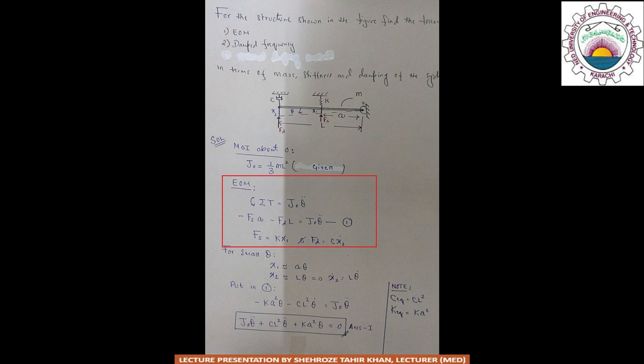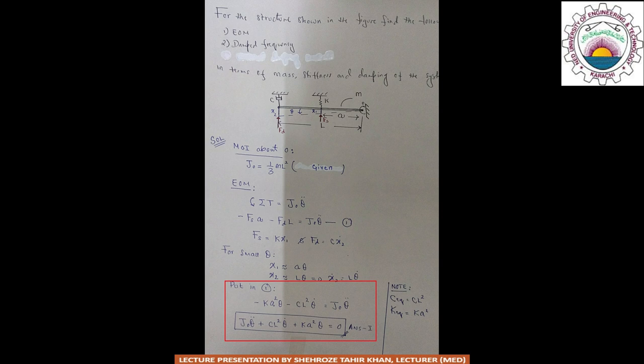Now substituting these values in equation 1, we get minus Ka square theta minus Cl square theta dot is equal to J naught theta double dot. After simplification, the equation of motion becomes J naught theta double dot plus Cl square theta dot plus Ka square theta is equal to 0.